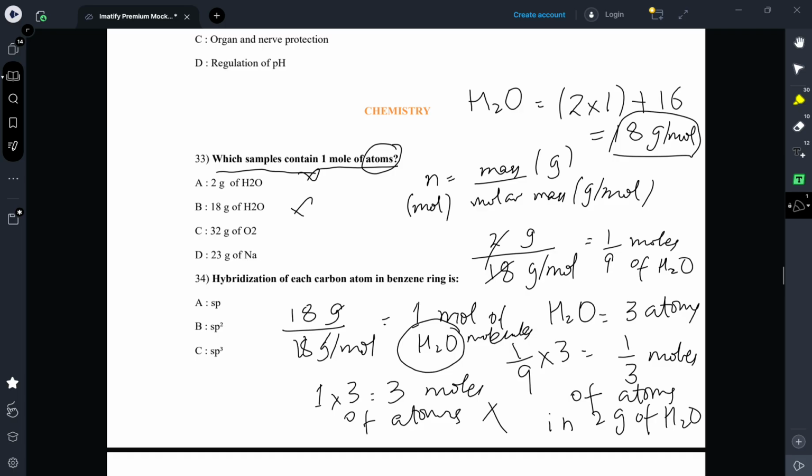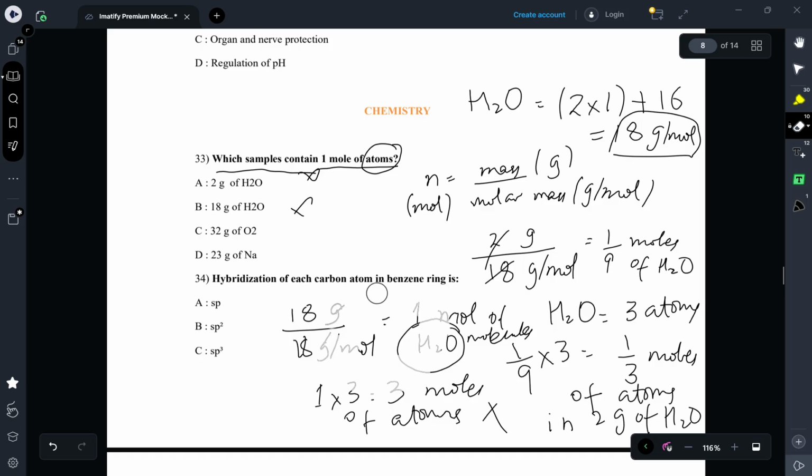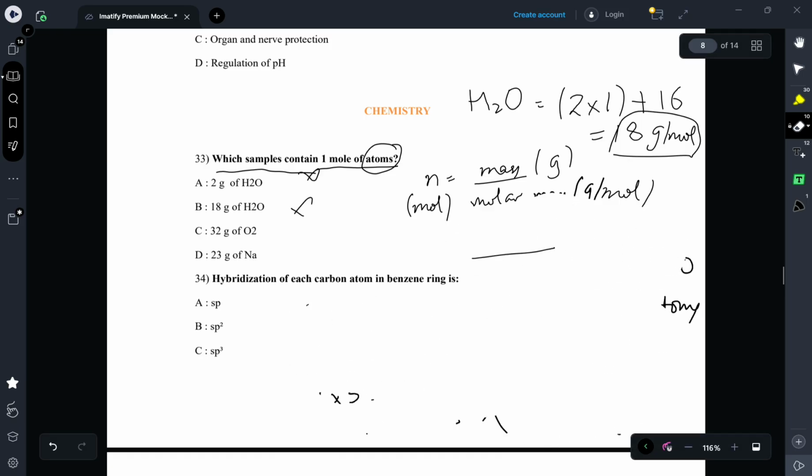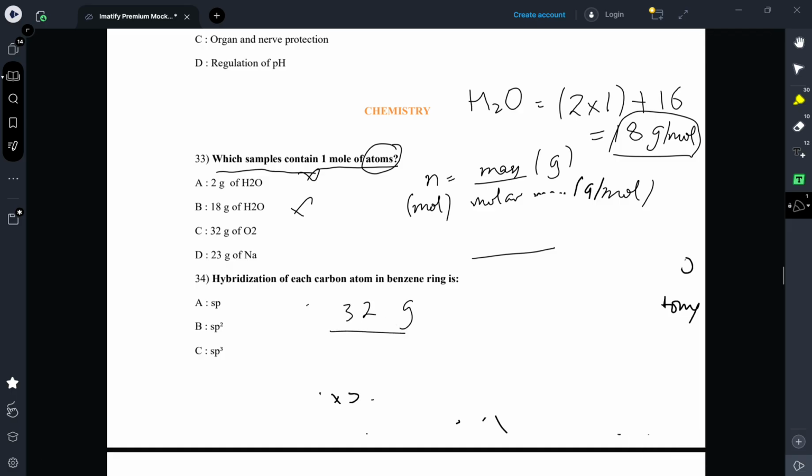Then we do the C part. Let me just erase this one. So yeah, let's do the C part now. 32 grams of oxygen. The molar mass, or you can say the atomic mass, of oxygen is 16 gram per mole. But we have O2, so we have to multiply it by 2, which is 32 gram per mole.